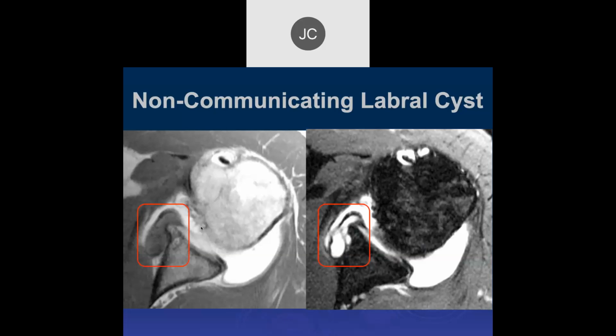But this would be a paralabral cyst. The contrast we don't see going into it. So again, you don't really see the labrum very well here, but it's pretty much surmised that there is a tear there because of the presence of the paralabral cyst. Well, in this case, using contrast makes it more difficult to read.